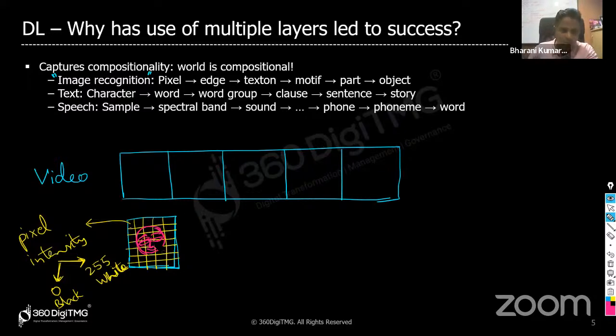Part means eye is one part, nose, mouth, eyebrows, so on and so forth, are different parts. And ultimately, you'll recognize the entire object or the face of the person. This is how it works. So as a human brain, your brain works based on compositionality.